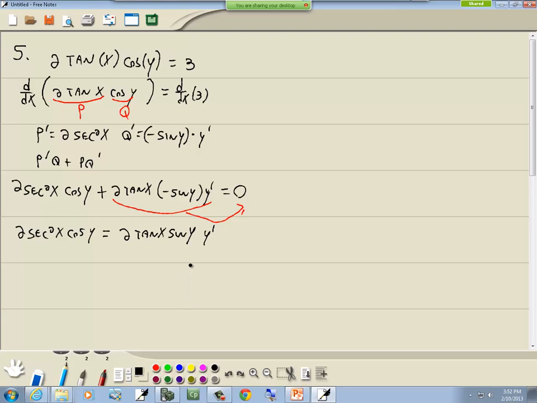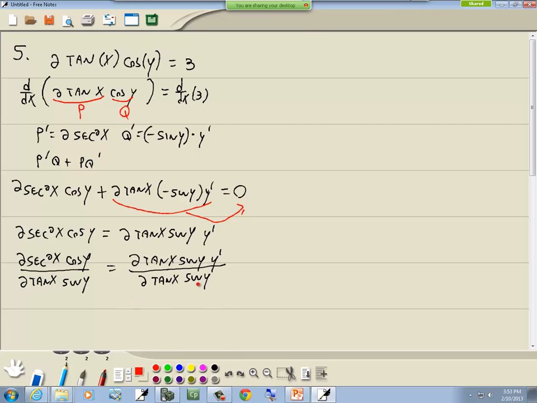Now our goal is to get y prime by itself, so I divide both sides by what's in front of our y prime. So we'll divide both sides by 2 tangent x sine y. Now there's some items where we just assume that everything's okay when we're doing calculus.